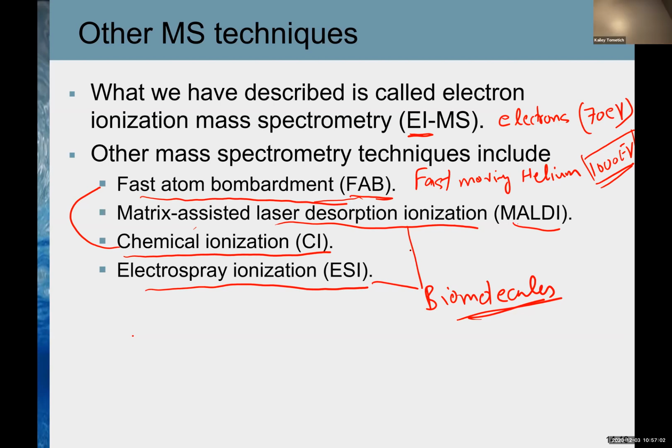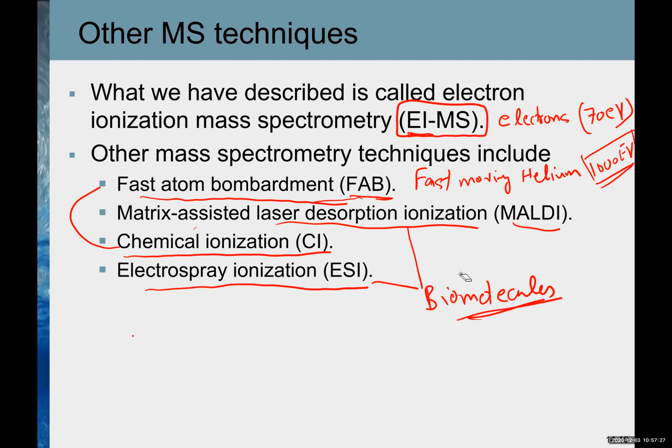No? Okay, so in the remaining chapter, all the data we're gonna see in later slides are from EIMS, or electron ionization. The other methods are fast atom bombardment, MALDI, or ESI.